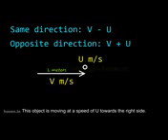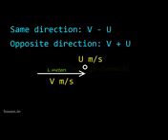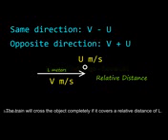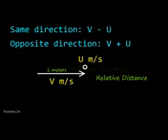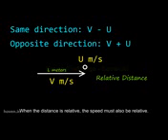This object is moving at a speed of u towards the right side. The train will cross the object completely if it covers a relative distance of L. The distance L will be covered at a relative speed of v minus u. When the distance is relative, the speed must also be relative.